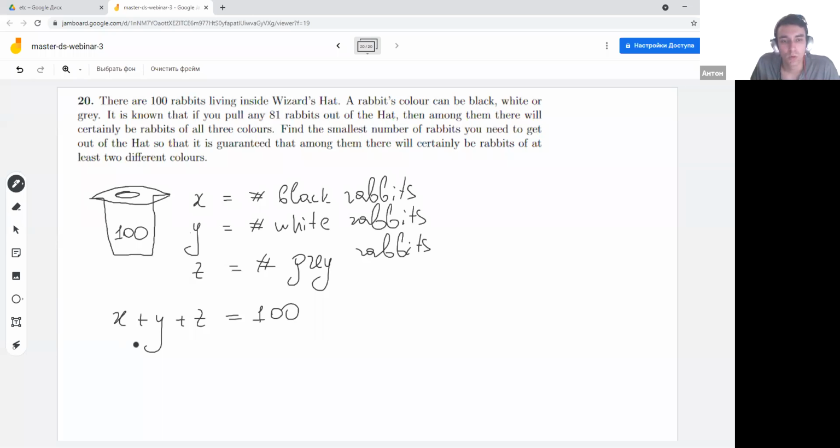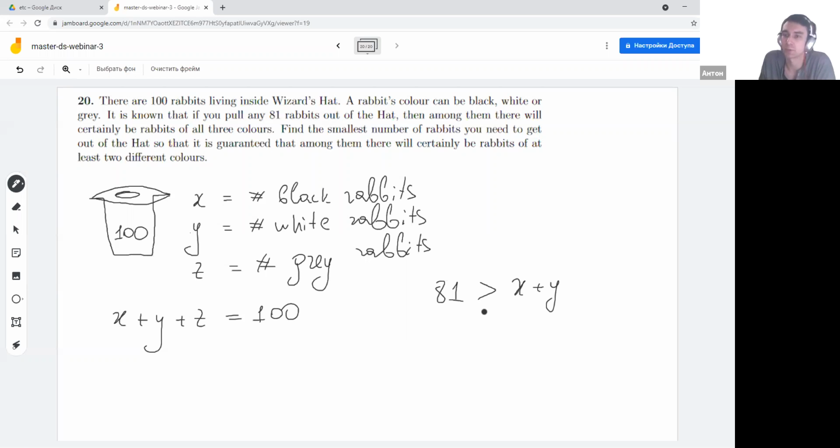So what does this statement actually tell us? It says that if we pull any 81, there will be rabbits of all 3 different colors. What does it mean? It means that 81 is greater, for example, than X plus Y. Because if 81 was equal to X plus Y, then we could pull out these 81 rabbits and they would be only black and white.